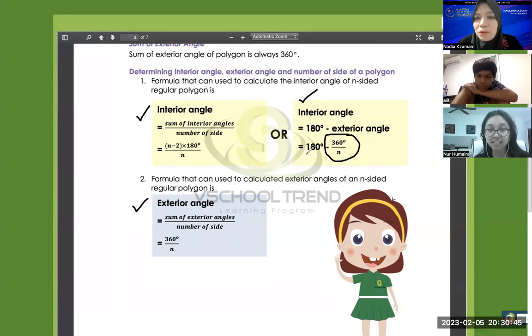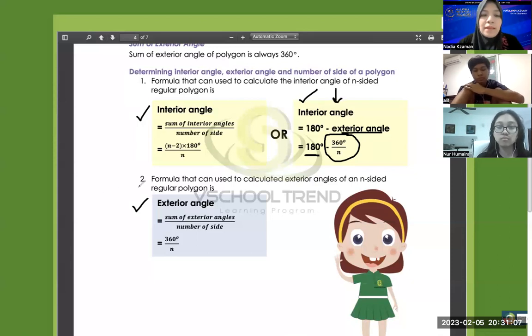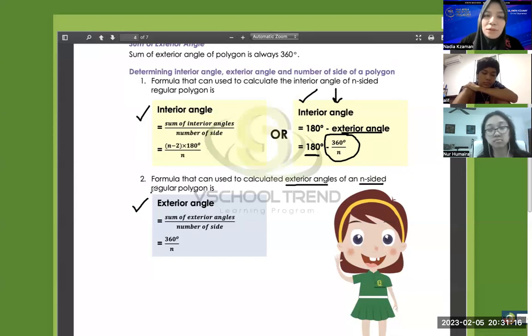Why? Because you know for interior angle, we are talking about triangle having interior angle of 180. For exterior angle, you know that the total of exterior angle, the sum, is 360. So just divide by the number of sides that you have. So this is a much better formula that you can use. And then the second one is the formula that you can use for calculating the exterior angle of an n-sided regular polygon.